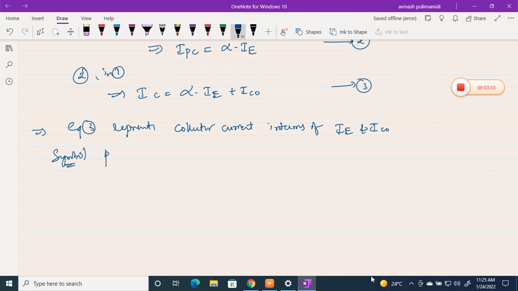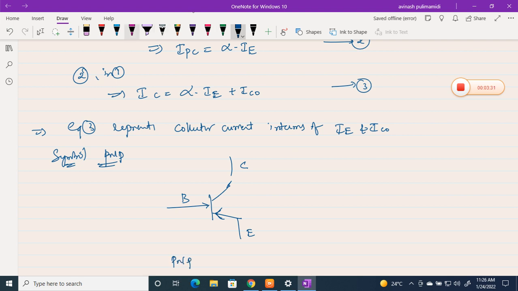Now the symbol of PNP. If you observe, this is the collector, this is the emitter, this is the base. For a PNP transistor, the arrow points away from the emitter.